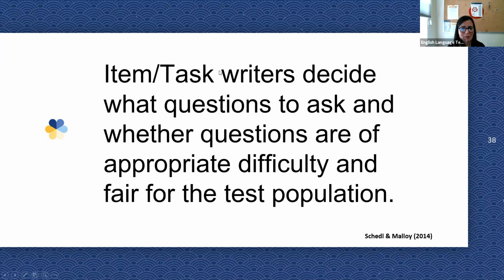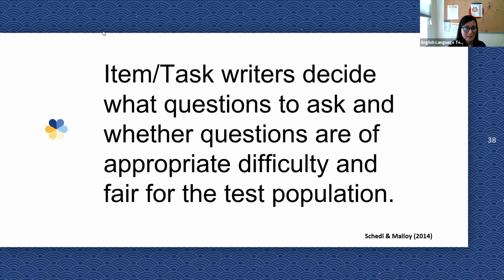And we have the responsibility, right, to decide what questions to ask and whether these questions are of appropriate difficulty and fair for the test population, right? We know our students, we know their level, we know the learning outcomes of our course. So we have that responsibility in our hands to choose what is appropriate for them, right? And make our tests biased for best.